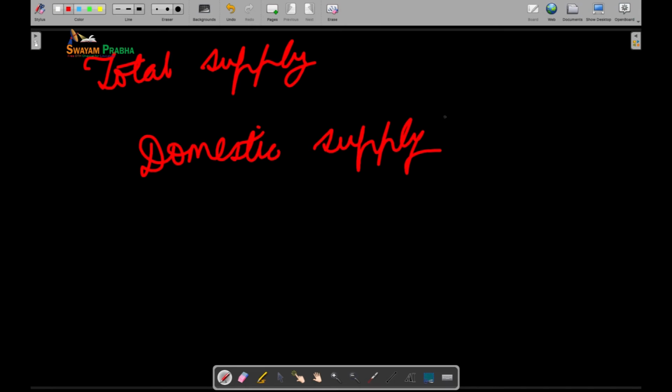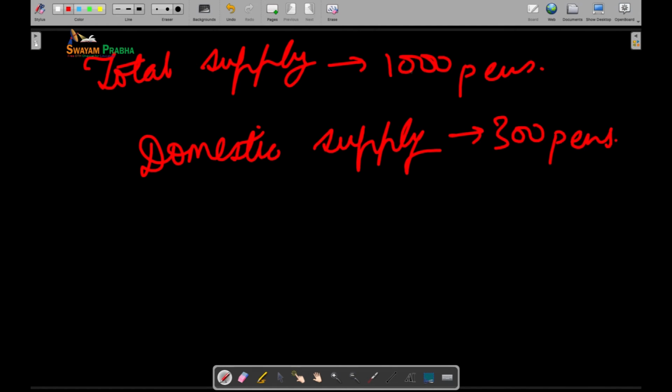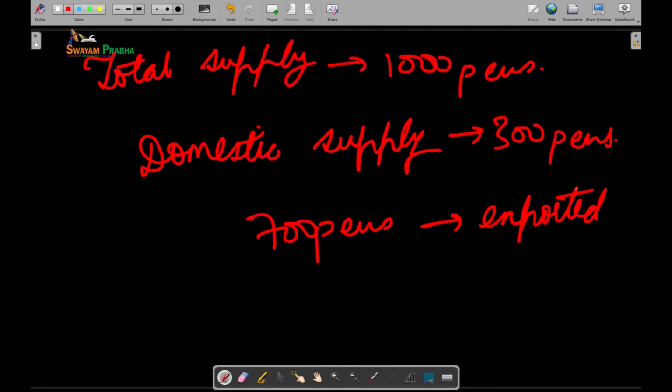So essentially, if we say that domestically a seller is selling, say 300 pens, but in total the seller is selling 1000 pens, the difference between both of these, that is 700 pens, we will say that they are getting exported out, because the seller is supplying these pens but not to the domestic market.